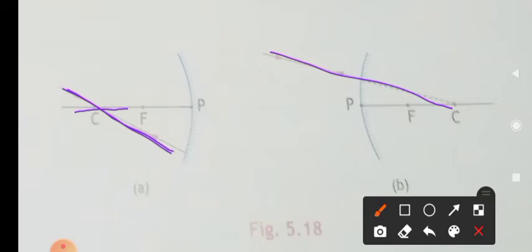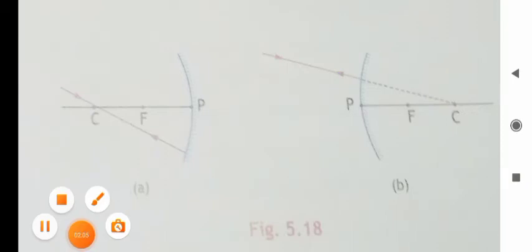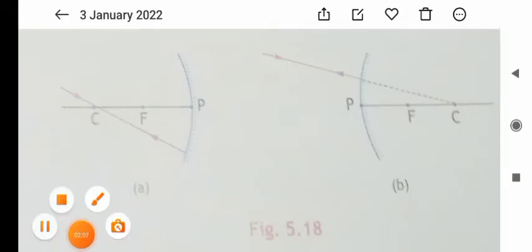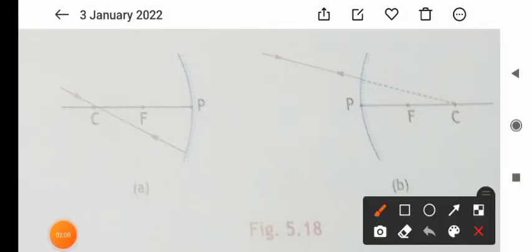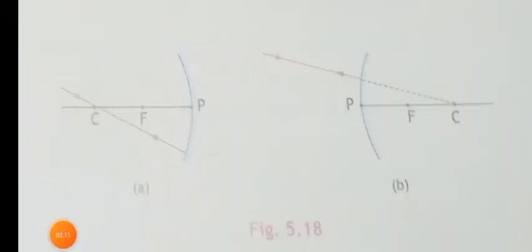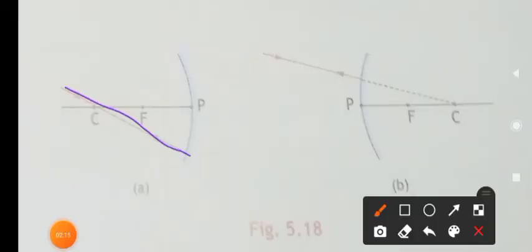So if the light ray comes in this direction, after falling on the mirror, it is sent back along the same line itself. It retraces the path, but the direction is different.